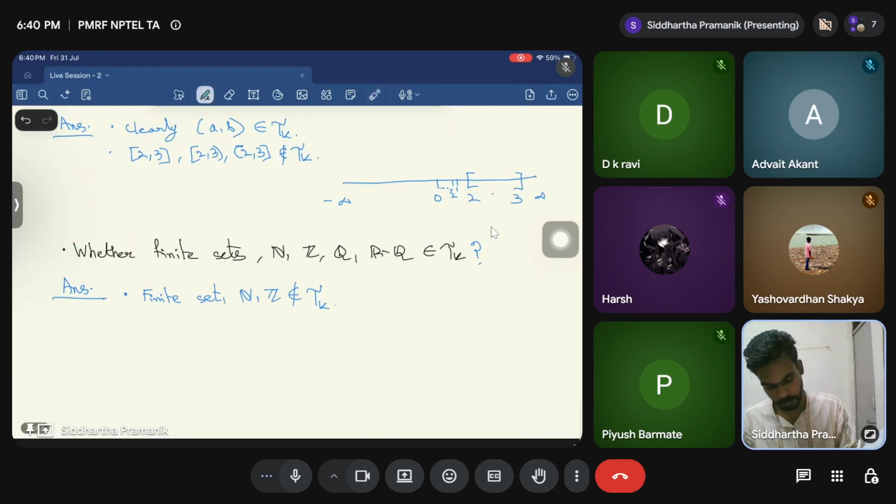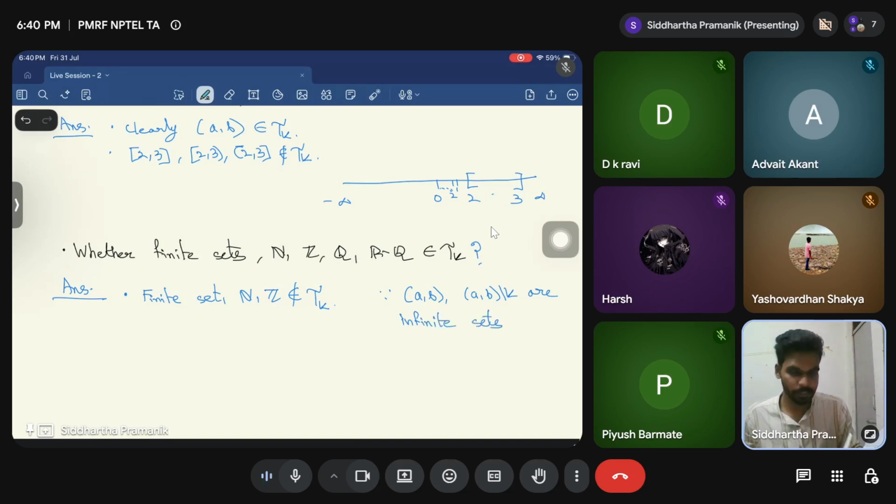No, right? Because these open intervals and open intervals minus k are infinite sets, this cannot be a subset of a finite set. And this also cannot be a subset of N.